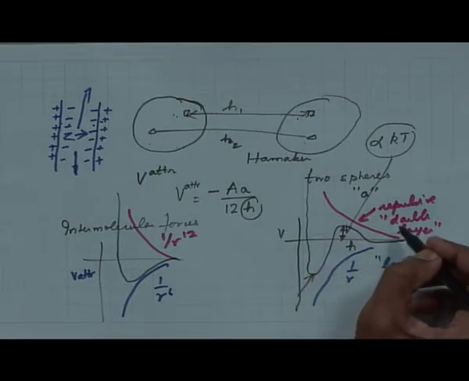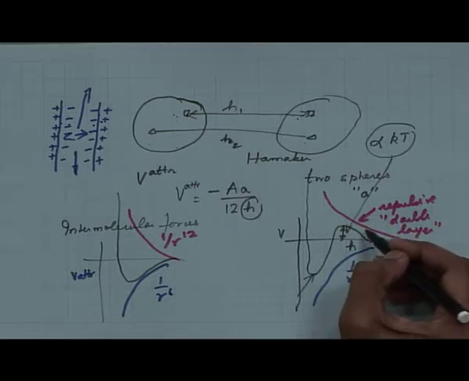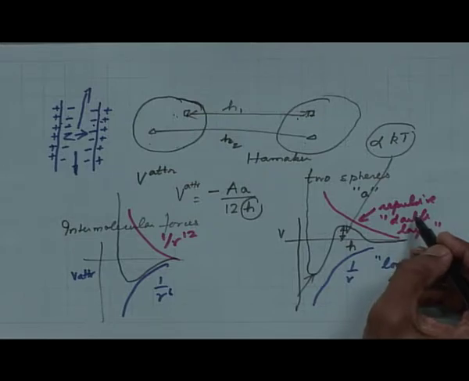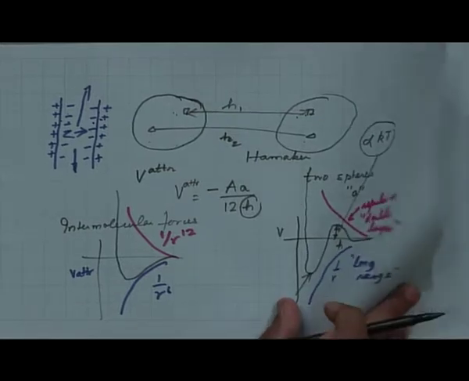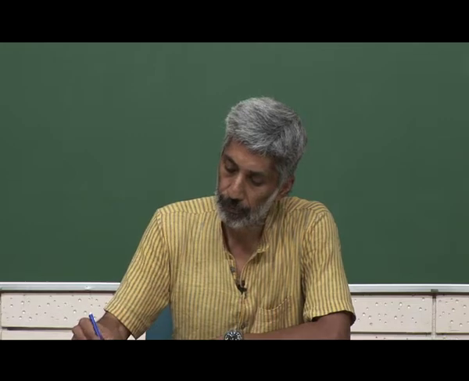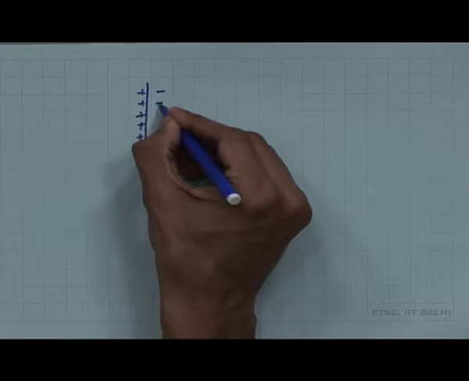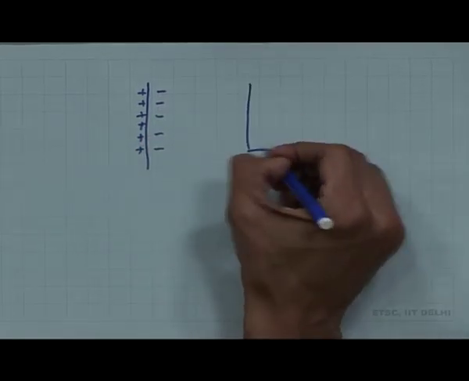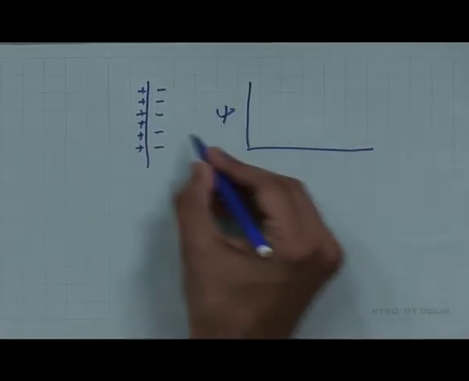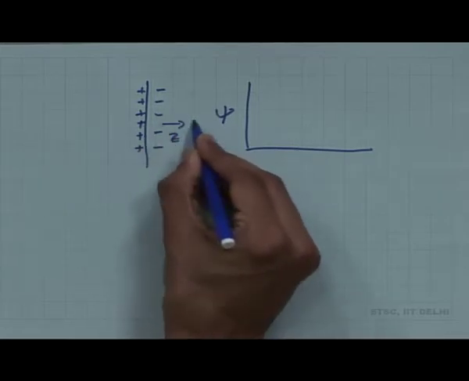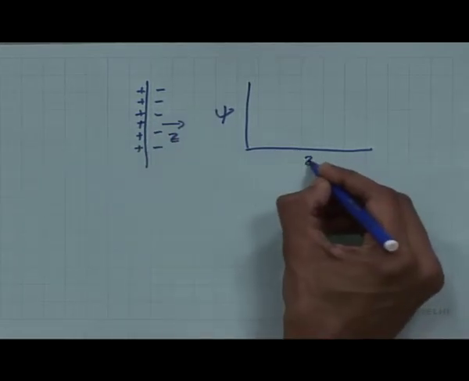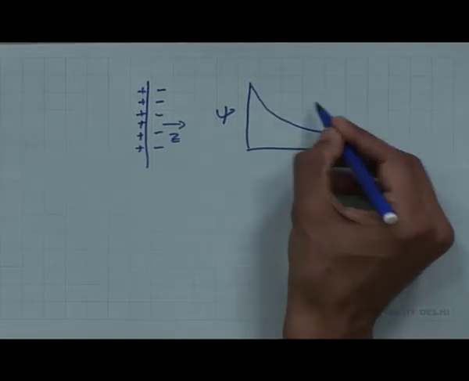So, now the question is, how do I modify this double layer repulsive wall? And this is something that again is easy to understand. If I have two charged objects, and we are plotting this potential as a function of the distance away from this surface, we said that it has this form.